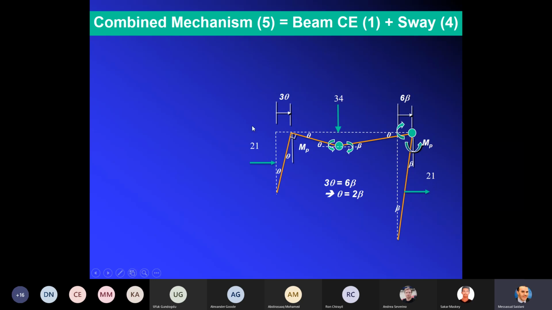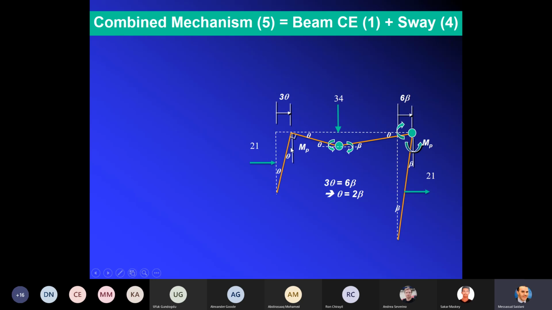Remember what we said before: when you combine the beam and the sway mechanism, the hinge at this corner here will cancel. Why? Because this column and this part of the beam rotate in the same direction. In this case, they are rotating clockwise.